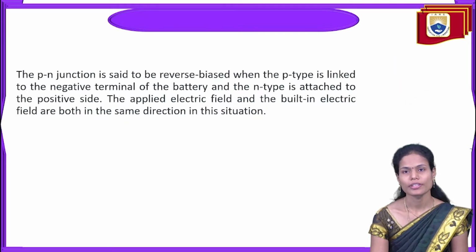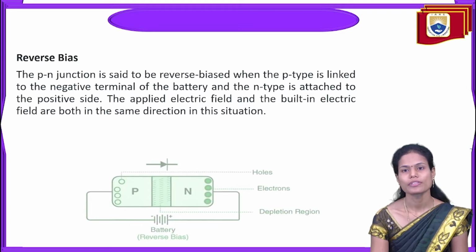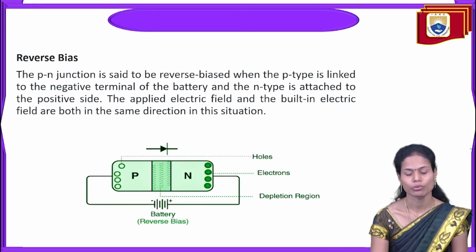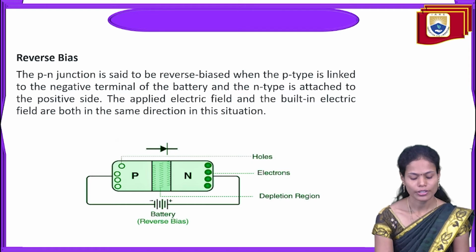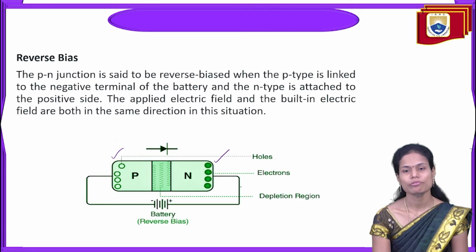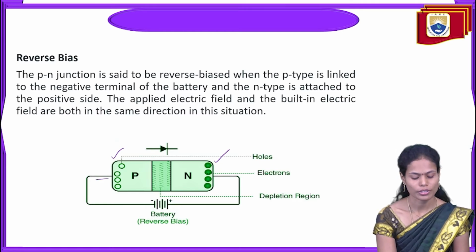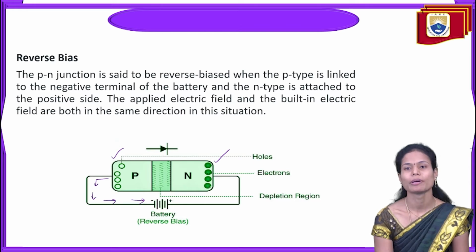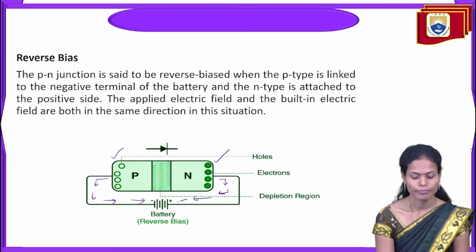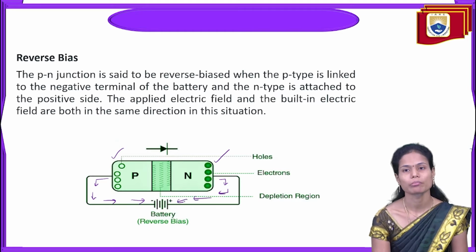Next we come to the reverse biased PN junction diode. In the case of a reverse biased PN junction diode, the negative terminal of the battery is connected to the P region and the positive terminal of the battery is connected to the N region. Because of this, the holes are attracted towards the negative terminal of the battery, and the electrons are attracted towards the positive terminal of the battery.